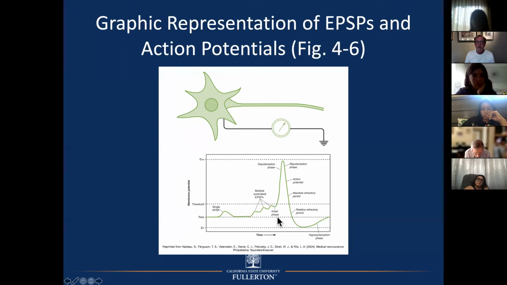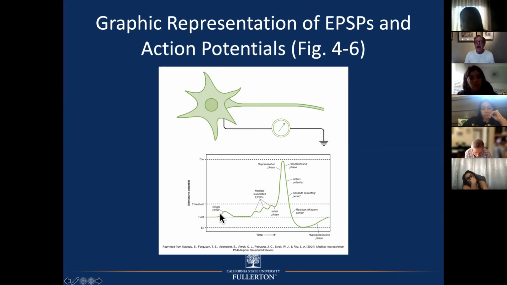I'll just mention how it works if an IPSP were generated. If you were measuring there and an IPSP were generated, the little green line would go in the opposite direction. It would go further away from threshold. So it has exactly the opposite effect.